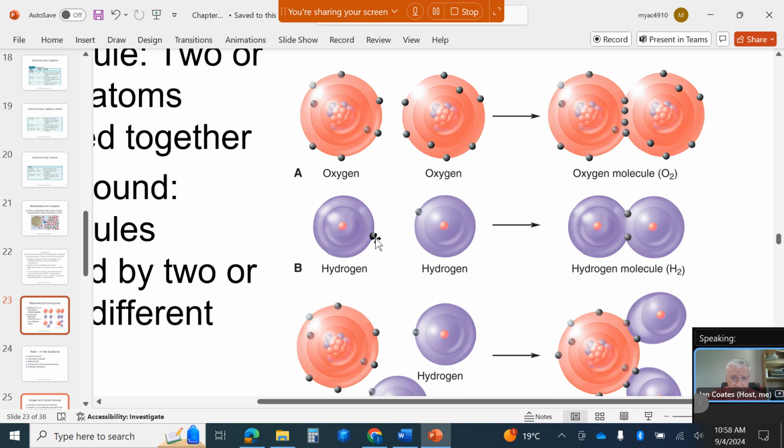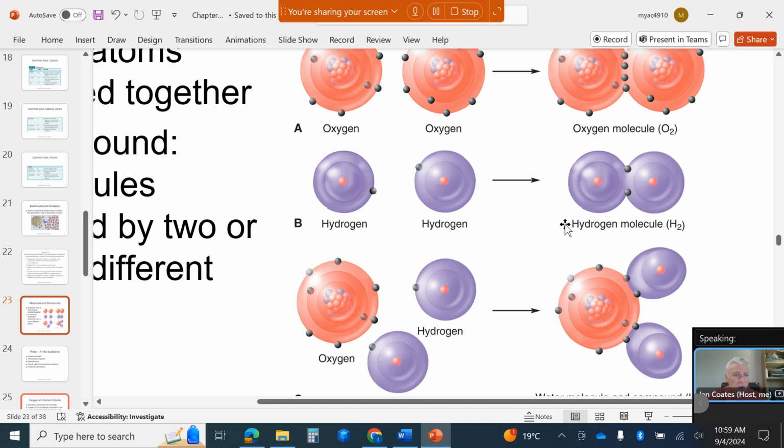Hydrogen is a smaller one, so you look at the inner shell. It has a maximum of 2. Well, hydrogen only has 1, so one hydrogen mixes with another. Look, they're sharing. This guy has 2. This guy has 2. They are happy. This is how hydrogen exists in nature. And there's your water molecule there.